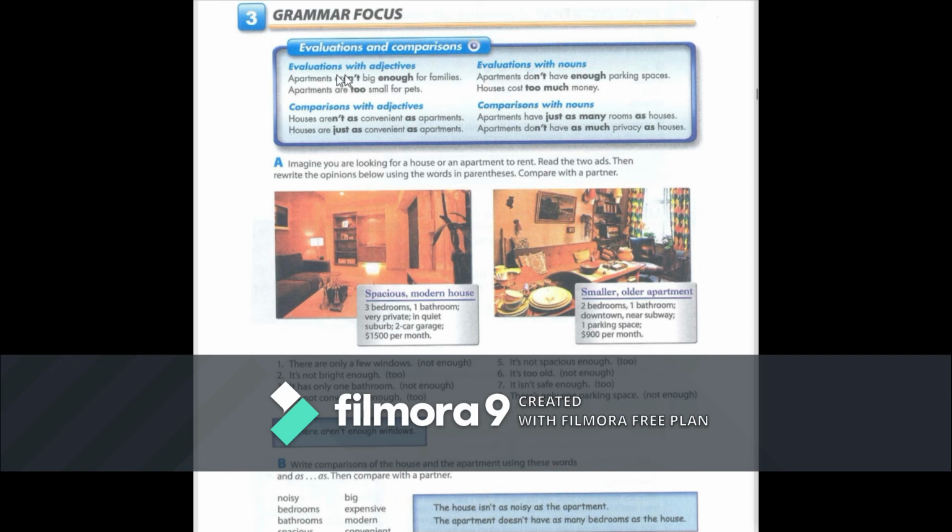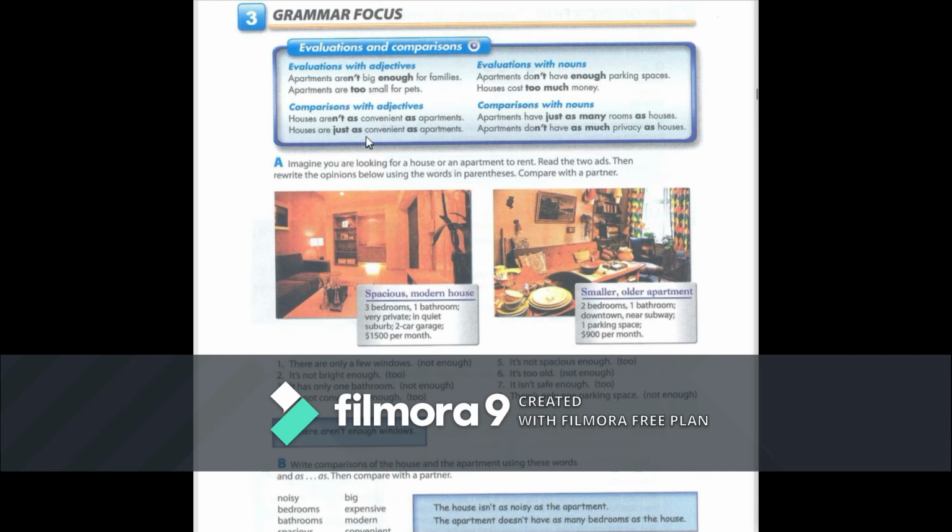So this is evaluation with adjectives. Well, evaluations with nouns are like here: apartments don't have enough parking spaces. This is a noun. And when I say houses cost too much money, the noun is after too much. If it's a noun, after too we put the noun, there's no problem. But if there is an adjective, we put too before it.